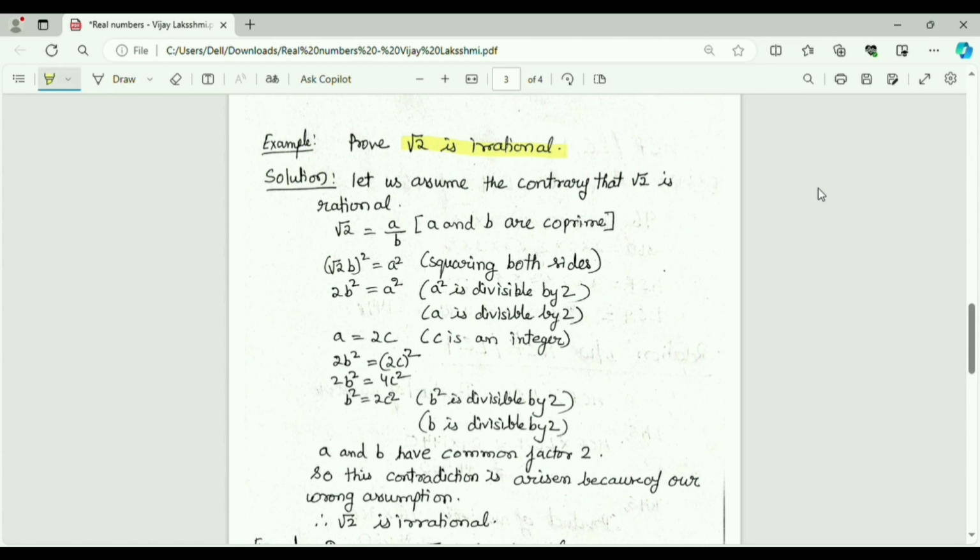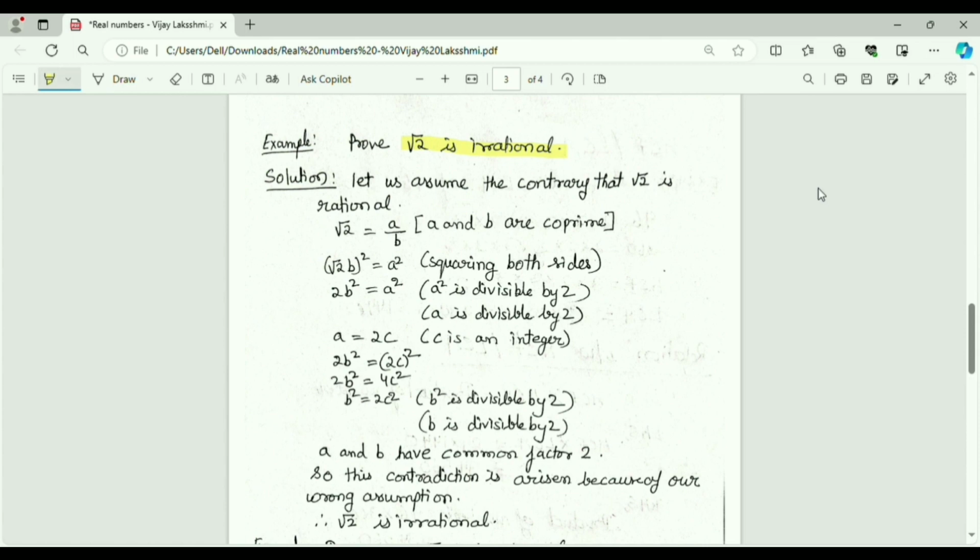Then we will square both sides and we will get 2b square equal a square. This means a square is divisible by 2 and a is also divisible by 2. So we can write a equal 2c, where c is any integer. Then by replacing value of a in our equation, 2b square equal a square, we will get b square equal 2c square.